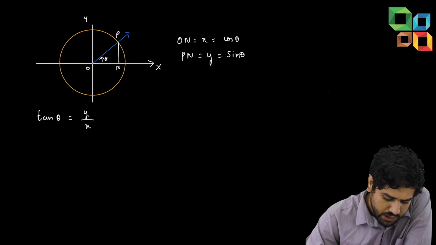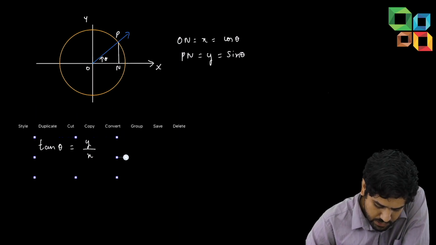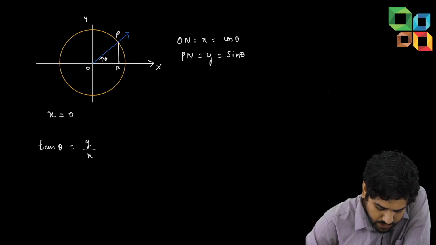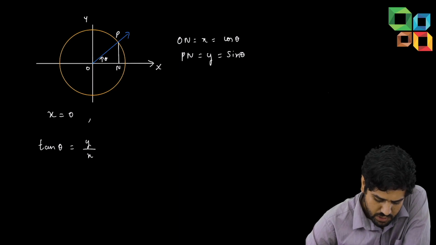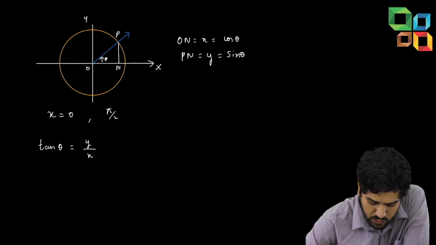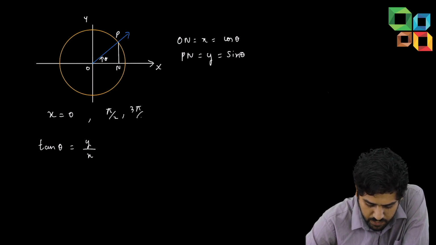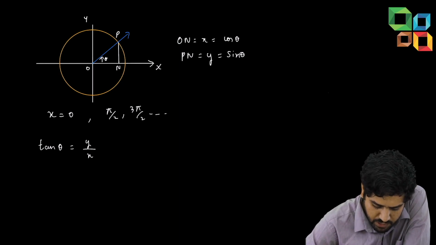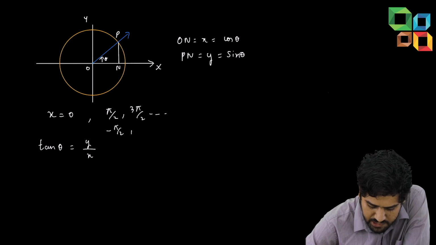And we saw that x is equal to 0 at which values? Pi by 2, 3 pi by 2, and so on. And in the negative side, we had minus pi by 2, minus 3 pi by 2, right?